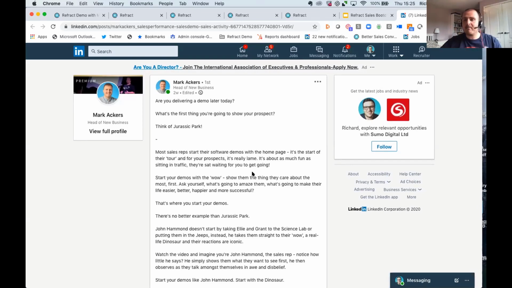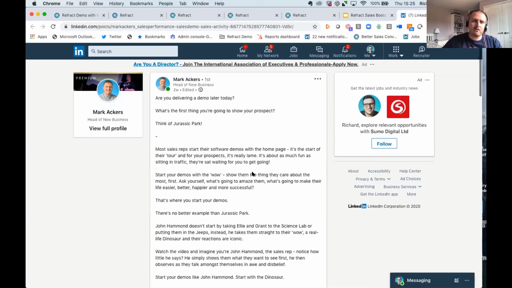He doesn't take them to the laboratory where they see the raptor being born, and he doesn't take them to the theatre where they see the video presentation. He doesn't even put them in the cars where they go around the park. The first thing he does is take them to what they care about, and their reactions are iconic in the world of cinema. And observe how little John says, as well as the sales rep. Play this for us, Rich.